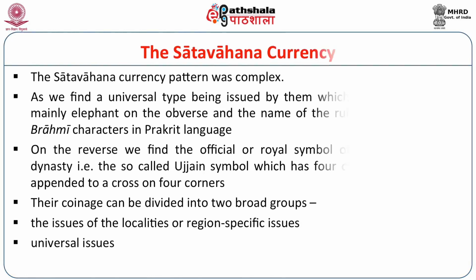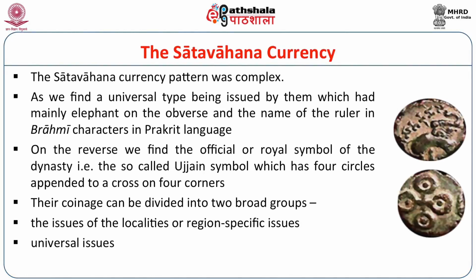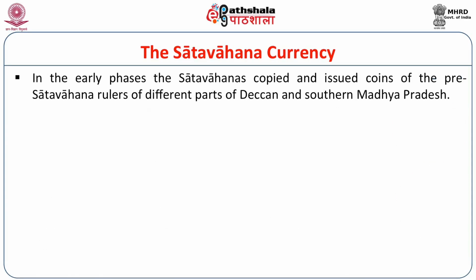The coinage of the Satavahanas can be broadly divided into 2 groups: the locality or region specific coinage and the imperial or universal issues of the Satavahanas. In early phases, the Satavahanas copied and issued coins of the pre-Satavahana rulers of different parts of the Deccan and South Madhya Pradesh.